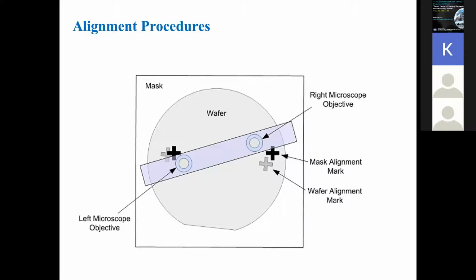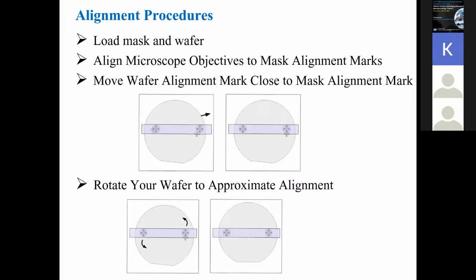So you have to move your wafer accordingly using the motor. You can move the mask also, but mostly we keep that fixed. We normally play with the wafer part, and then we start aligning.